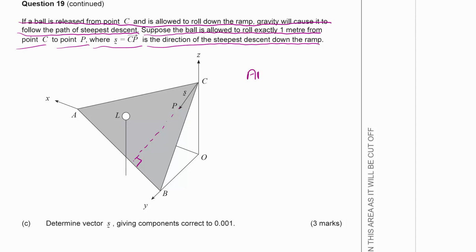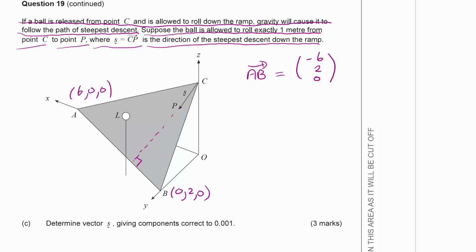Now, the vector from A to B, that's going from (6, 0, 0) to (0, 2, 0). So if we look at AB, that is (-6, 2, 0).